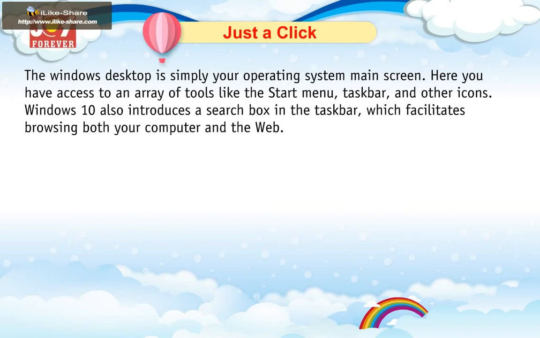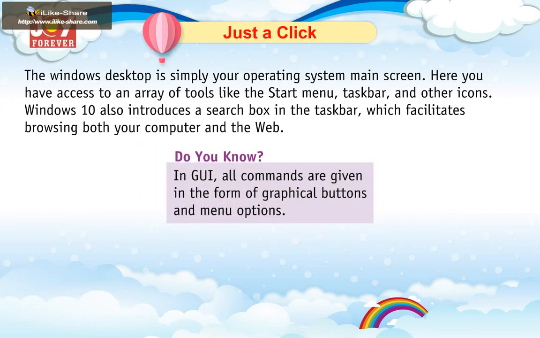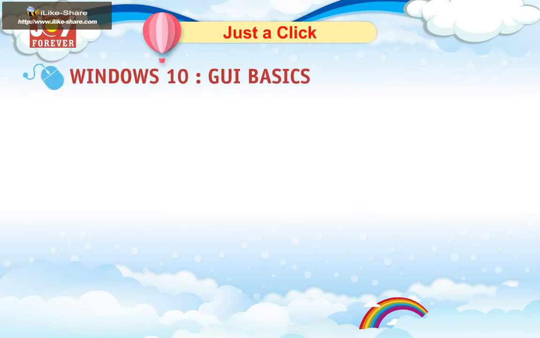Windows 10 also introduces a search box in the taskbar, which facilitates browsing both your computer and the web. Do you know in GUI all commands are given in the form of graphical buttons and menu options?